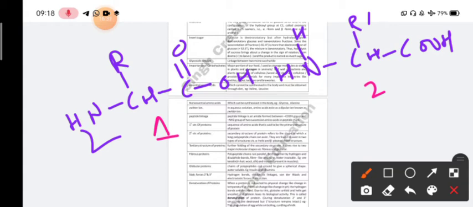Okay, so here, as we know, these are the monomers, and when they get attached with one or more than one, it will form a polymer. This polymer is being called protein.